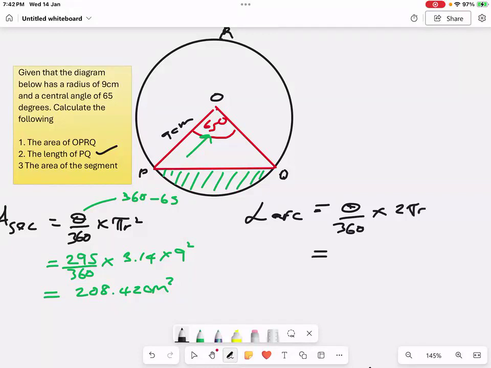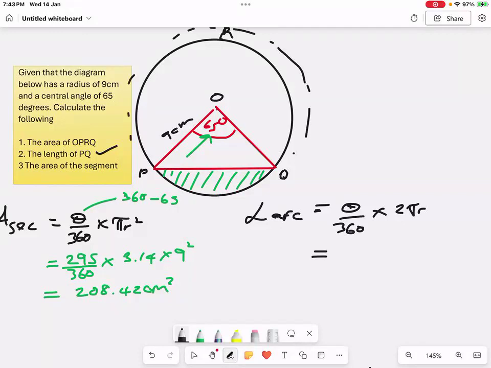Now, which theta are we going to use? Notice that the arc PQ is the small one, because PRQ, going all the way around here, is going to be the large arc. We want the small one.